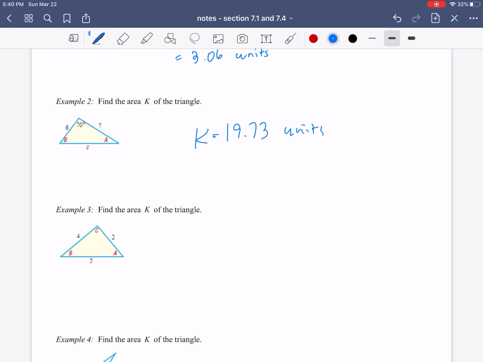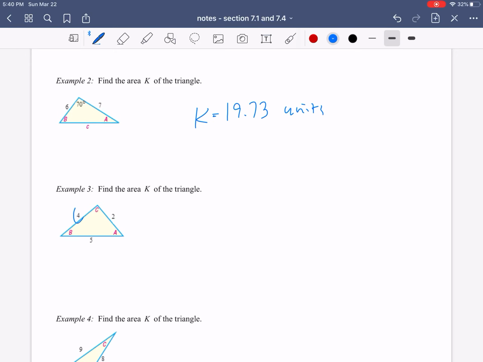Otherwise, let's move on to example 3, in which case we are given 3 sides, 4, 2, and 5. That means we're going to use Heron's formula since we're given all 3 sides of the triangle. I need to start off by computing the semi-perimeter, so adding up all of the sides and dividing by 2. That's going to give me 5.5.